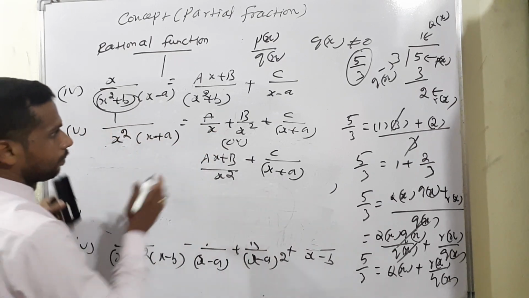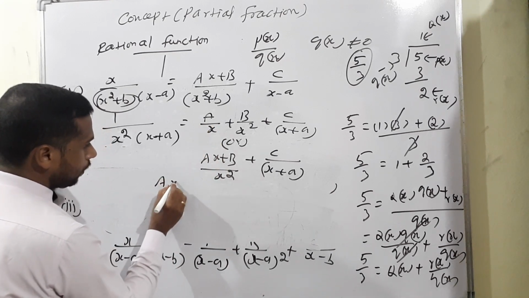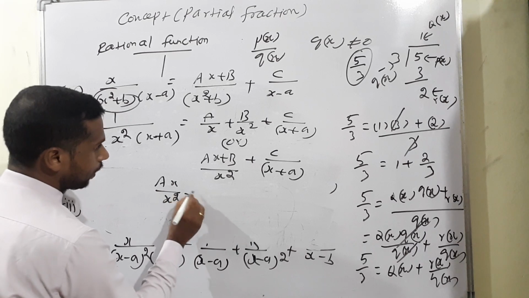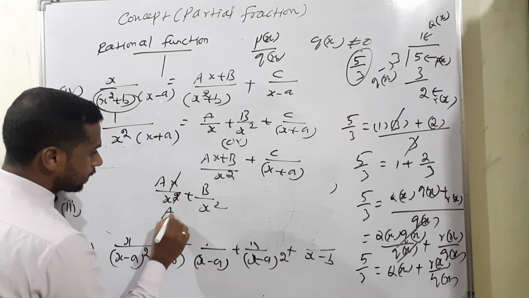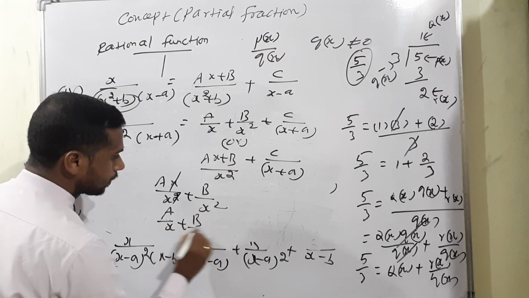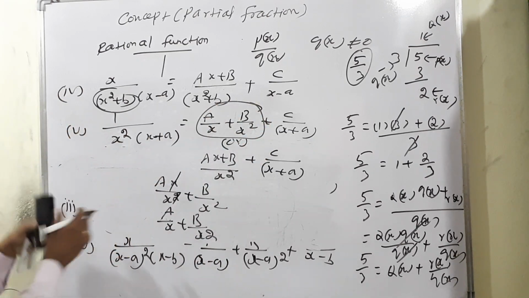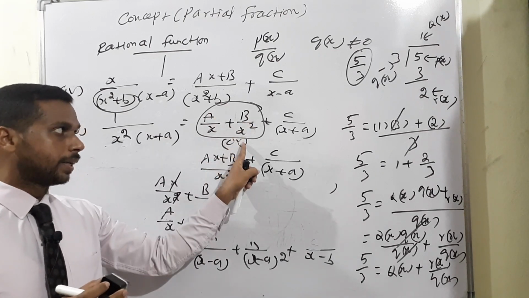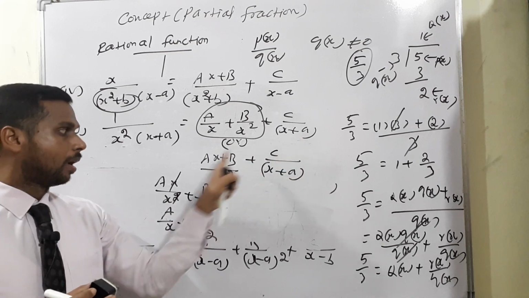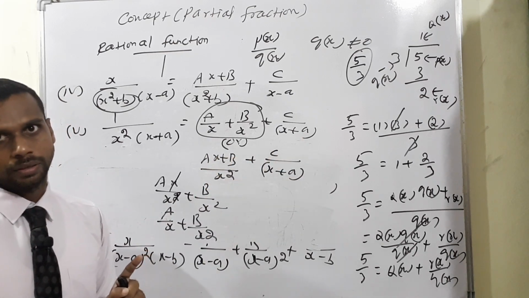If you separate, ax divided by x square plus b by x square, x and x square will be cancelled, so a by x plus b by x square. So we can write it in two different methods: a by x plus b by x square plus c by x plus a, or ax plus b divided by x square plus c by x plus a.